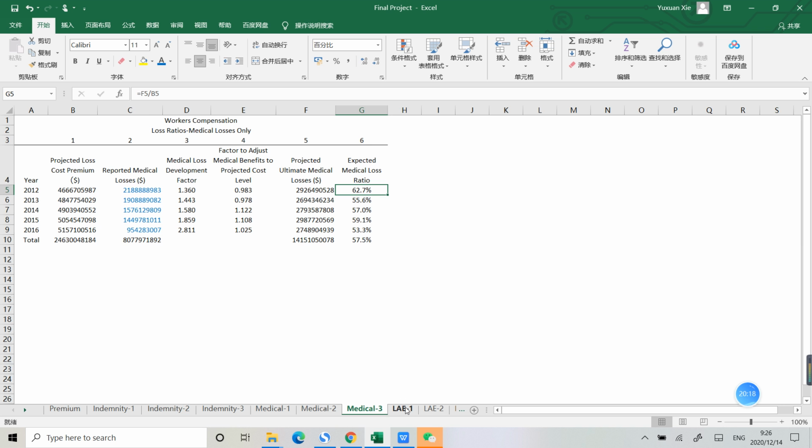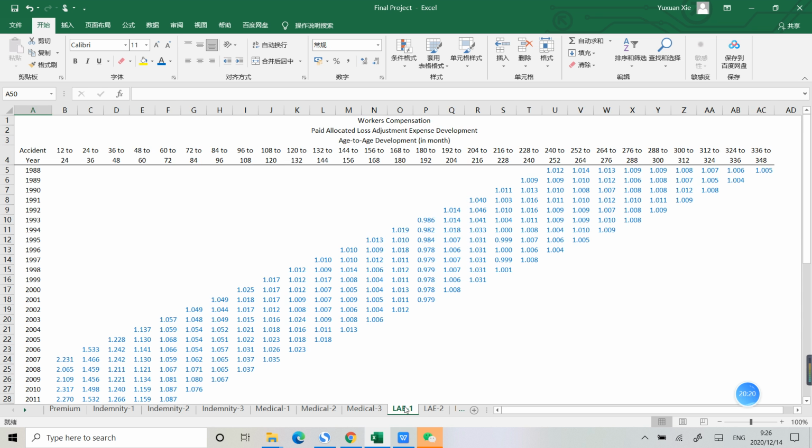Okay, the fourth part is the LAE part. The first sheet is paid allocated loss adjustment expense development.